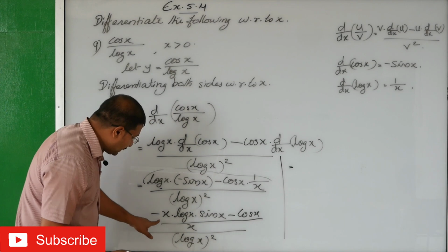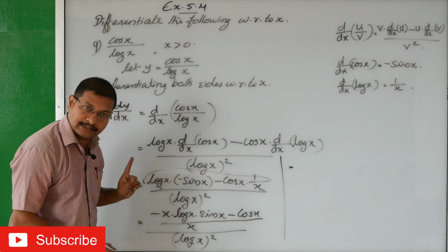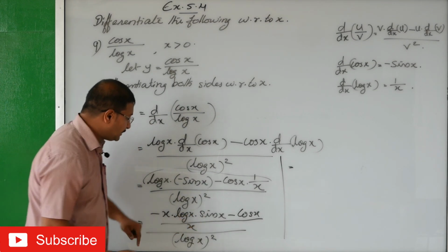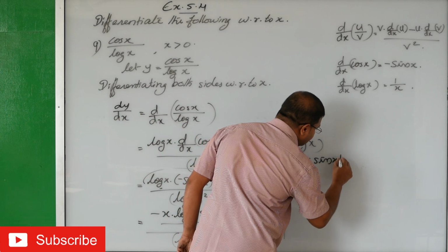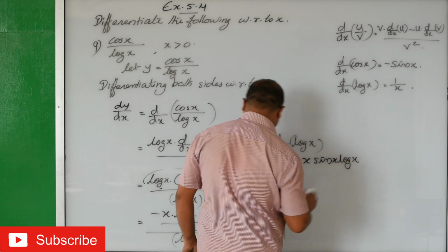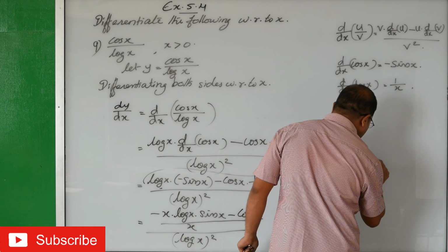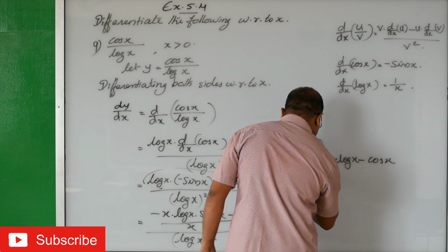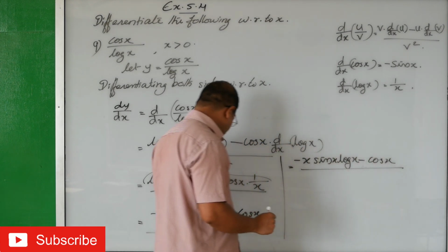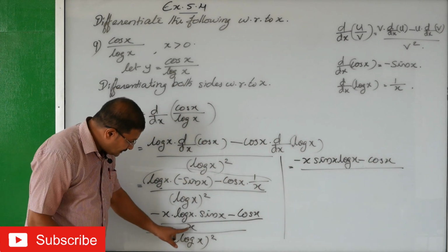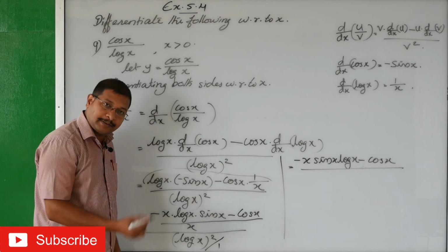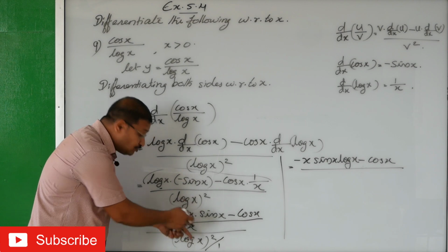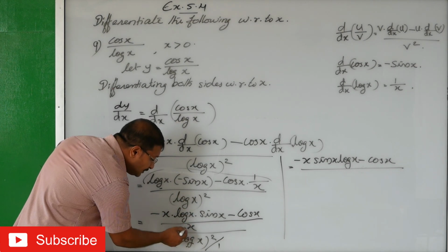Minus x sin x log x. Just I am writing sin second. That means minus x sin x log x minus cos x divided by, see, this x and this one. If you want this one as by 1, that means this inverse will multiply. That means these two will be in the denominator.